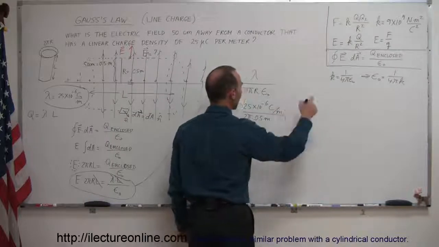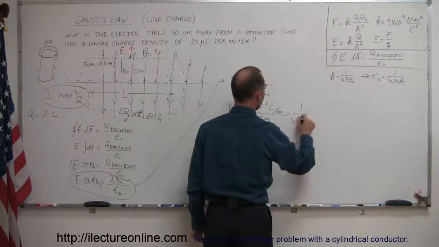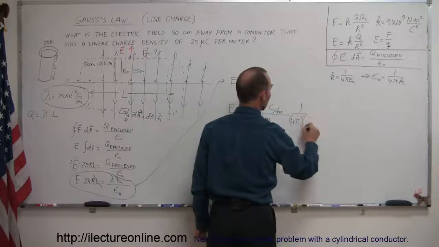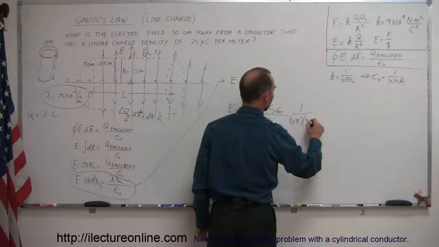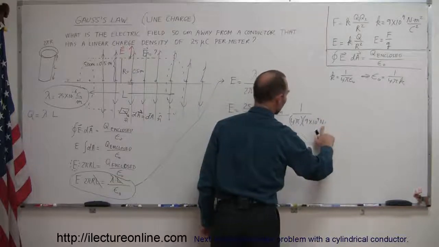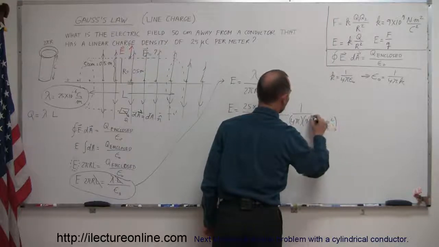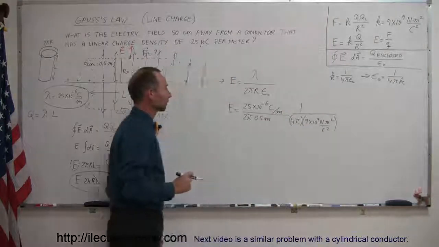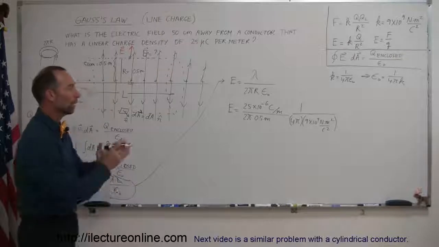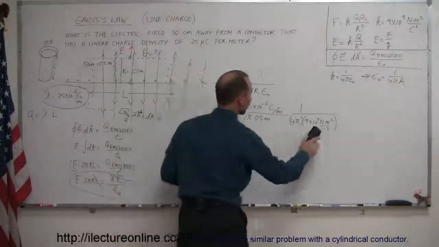And then epsilon sub naught is the same as saying 1 over 4 pi times k, and k is 9 times 10 to the 9th newtons meters squared per coulomb squared. Oh, and by the way, since it's 1 over that, I guess I didn't write it down far enough.